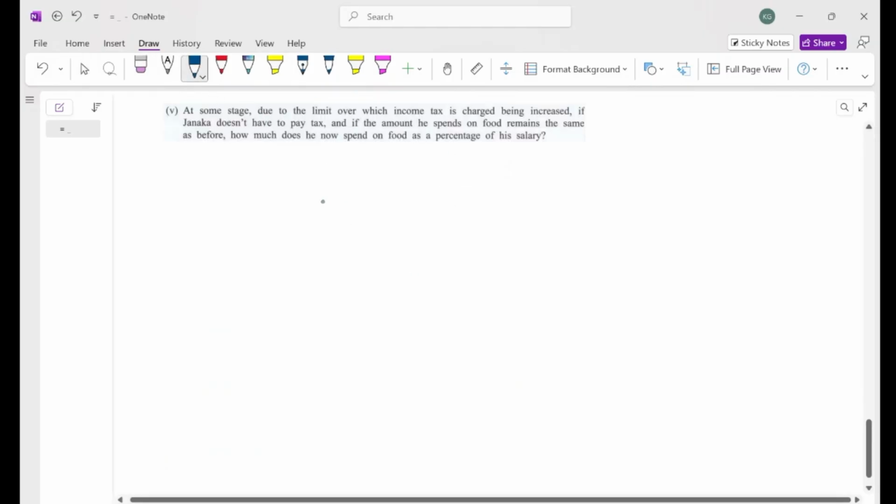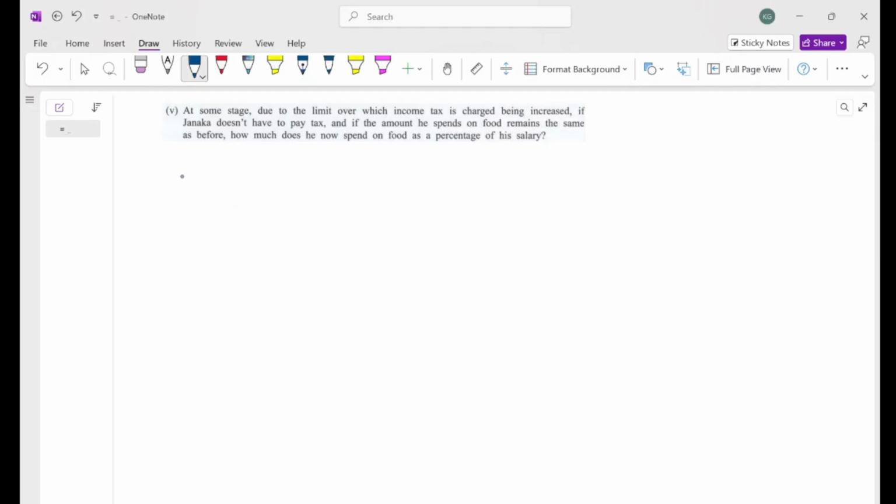Okay, now let's move into question number 5. At some stage, due to the limit over which income tax is charged being increased, if Janaka does not have to pay tax, and if the amount he spent on food remains the same as before, how much does he now spend for food as a percentage of his salary?